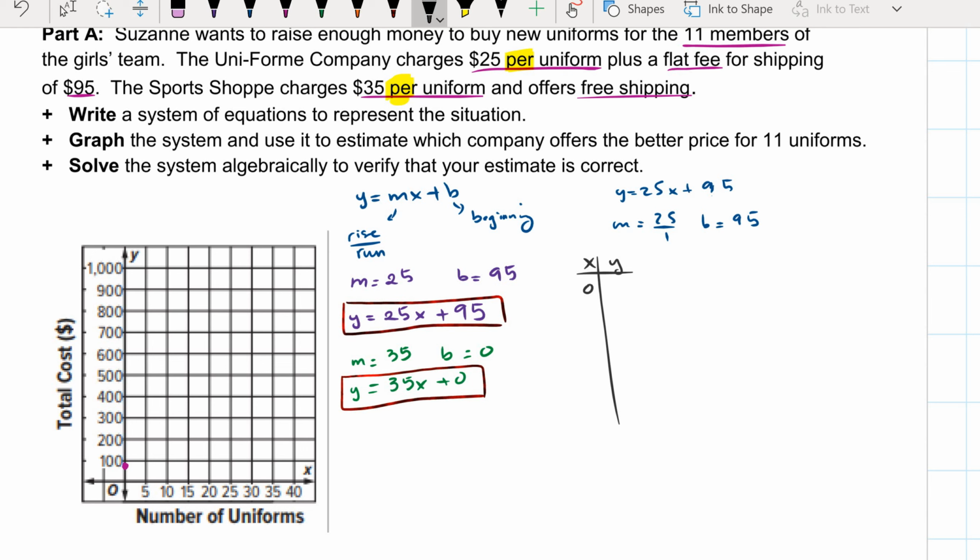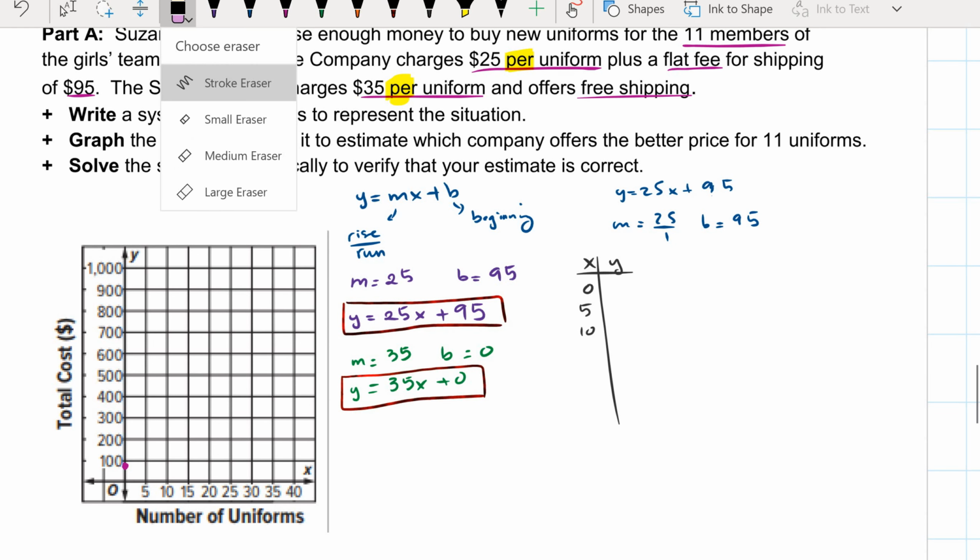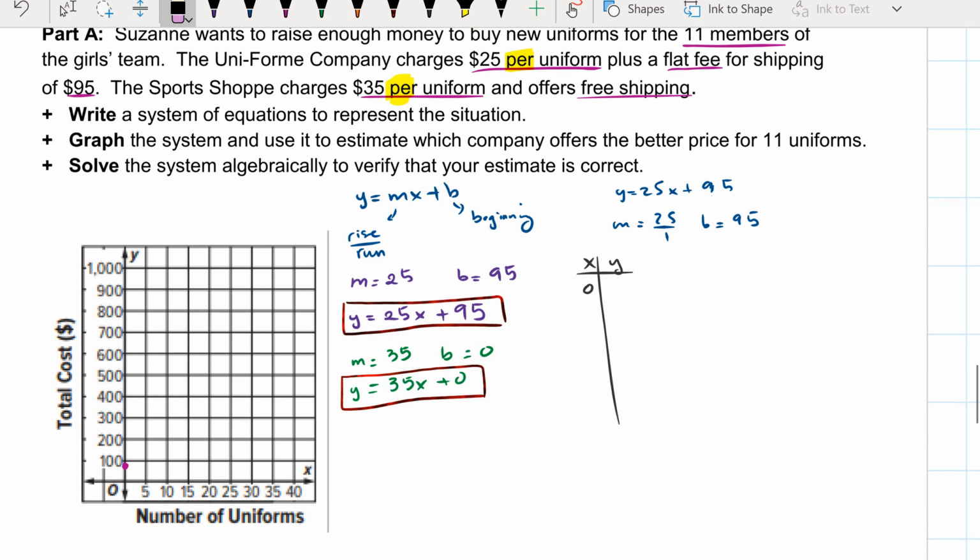I could go with 5, 10, and 15, but I will go with 10, 20, and 30 because multiplying by 10 is easier than multiplying by 5. So I'm going to go with 0, 10, 20, and 30. Those are the four points I'm going to pick.